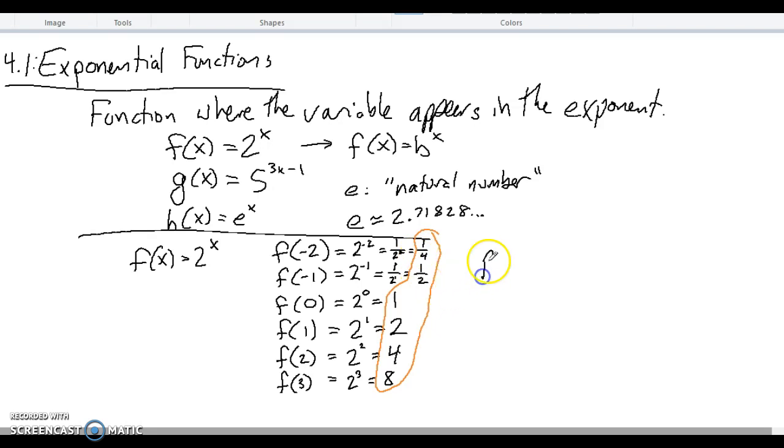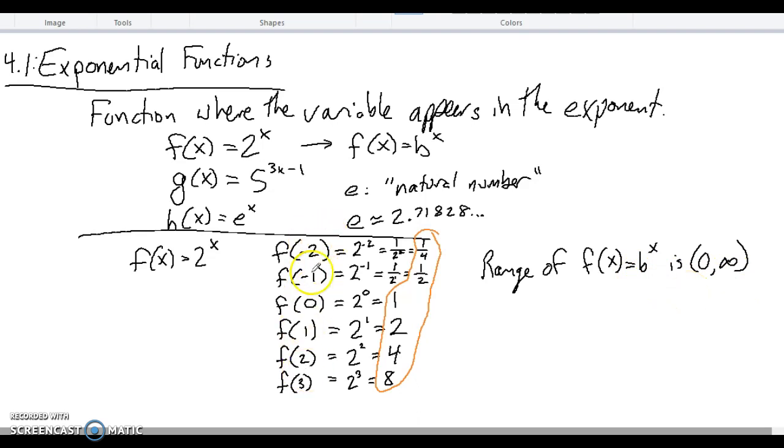So, the range of the function, and this will be true for any base, f of x equals b to the x, is 0 to infinity. Notice this is a non-transformed one. When we start transforming them, we can mess with the range. But if it's not transformed, that is our range.